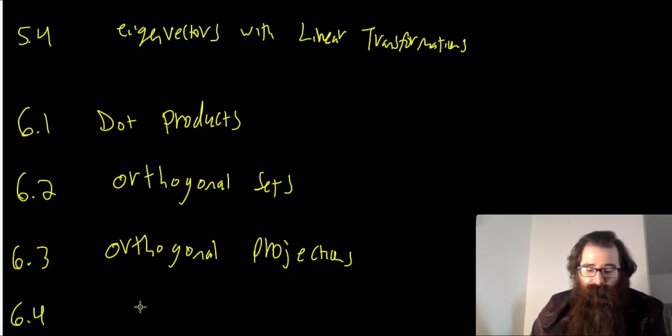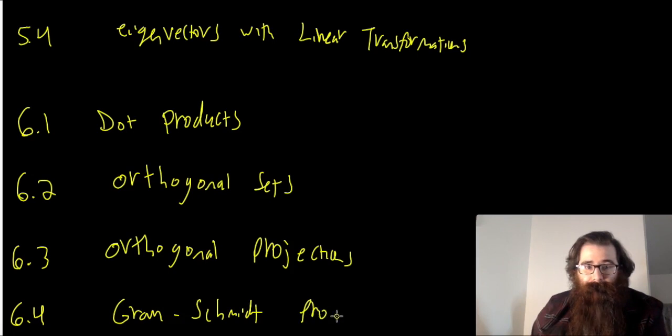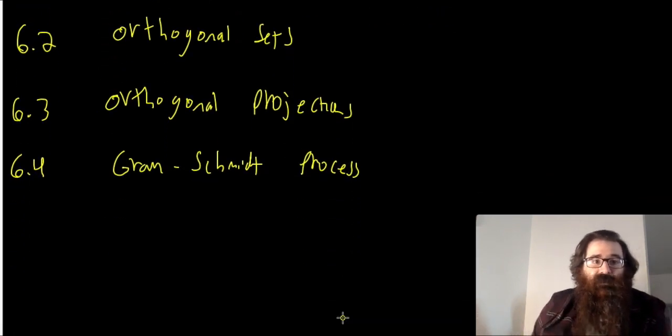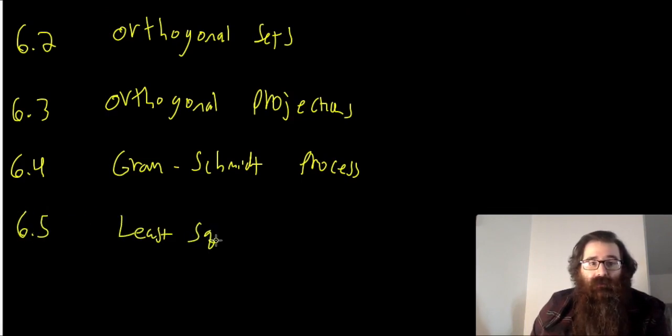We had 6.4 with the Gram-Schmidt process. And lastly, we had 6.5 with our least squares problems.